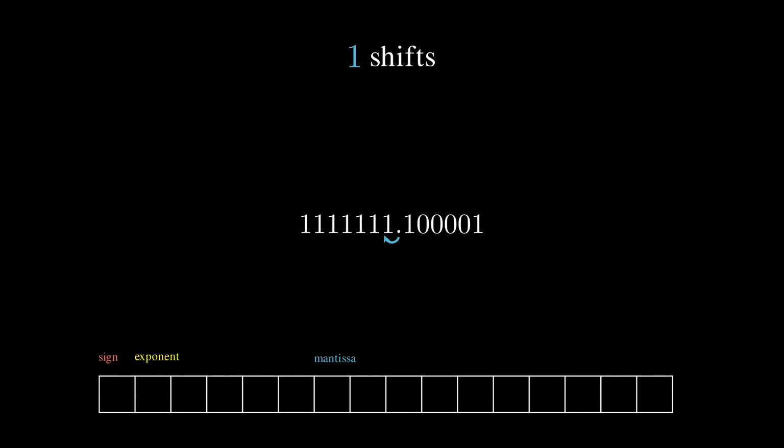Let's run through a second example. How do we represent minus 255.03125 as a float? Well, it's the same procedure as before. First, we'll convert the number to binary. We'll shift until we get the form 1.x. But now we run into a new problem.